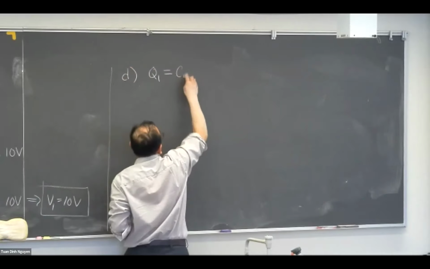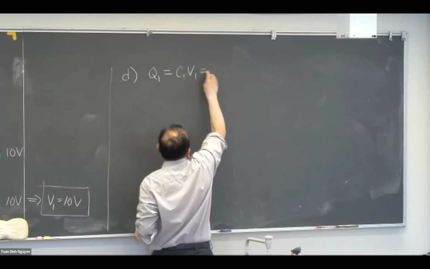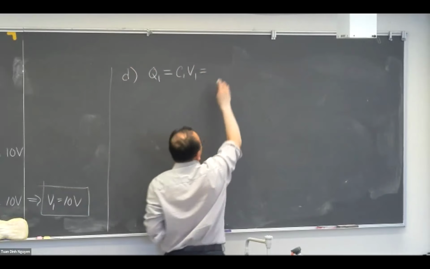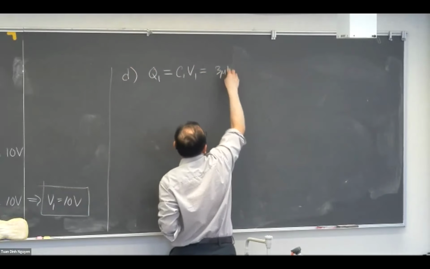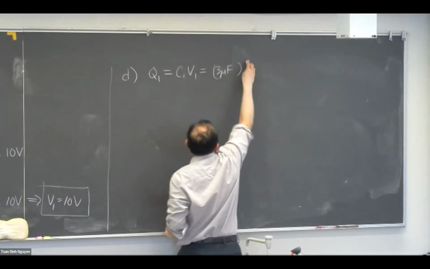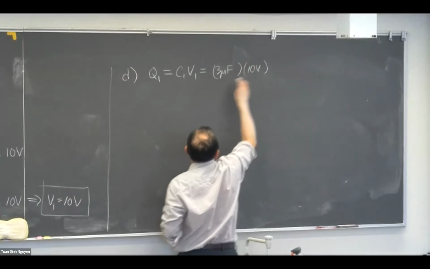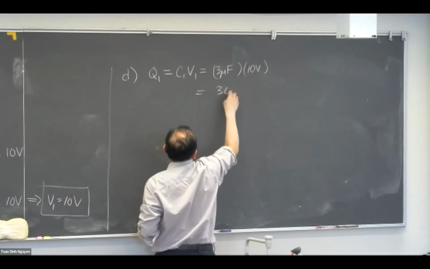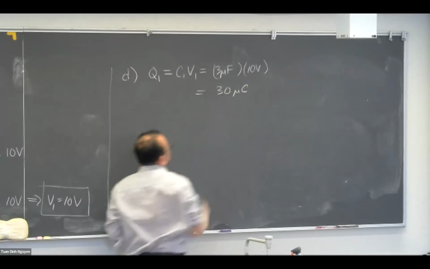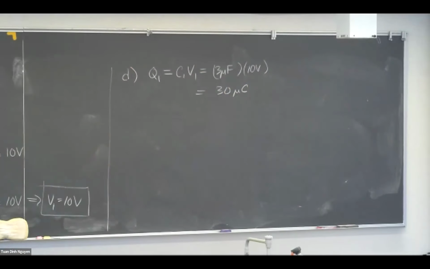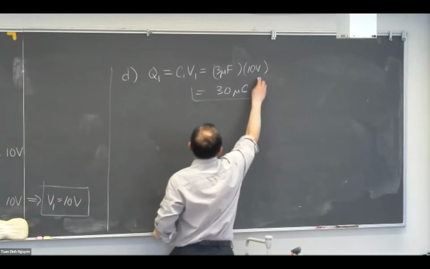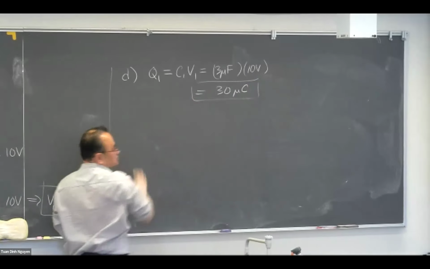It's going to be C1 times V1. And C1 is 3 microfarads times 10 volts, which is 30 microcoulombs. Okay, so that one was fast and easy. Next.